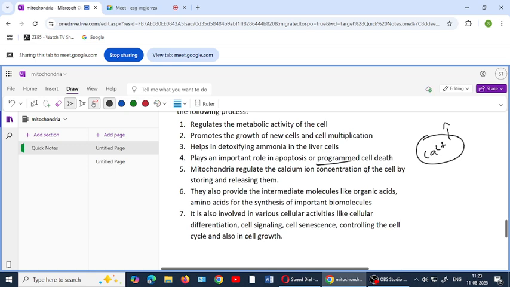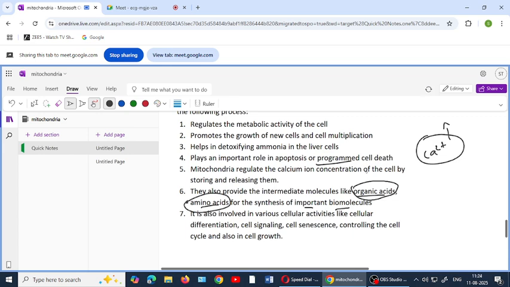Okay, and they also provide intermediate molecules like organic acid, amino acids for the synthesis of important biomolecules. Okay, lots of biomolecules are producing here. For that they need some precursors like organic acids and amino acids.